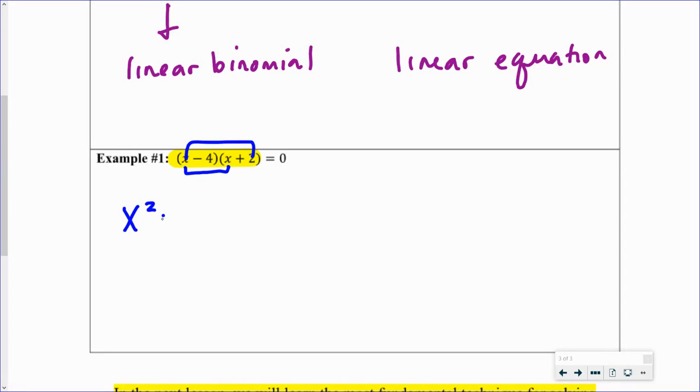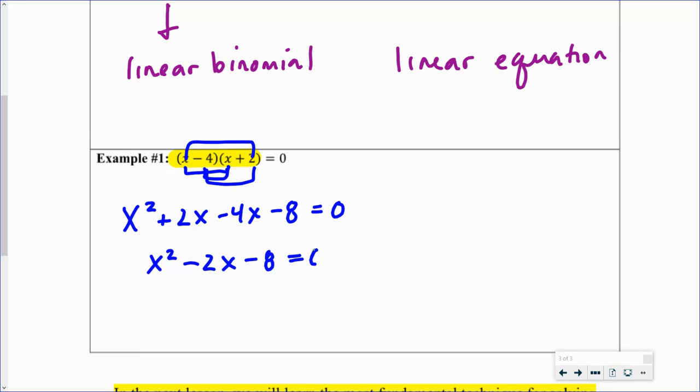X times 2 is positive 2x. Negative 4 times x is negative 4x. And then negative 4 times 2 is negative 8. So now if we simplify these terms down, we get x squared minus 2x minus 8 equals 0.